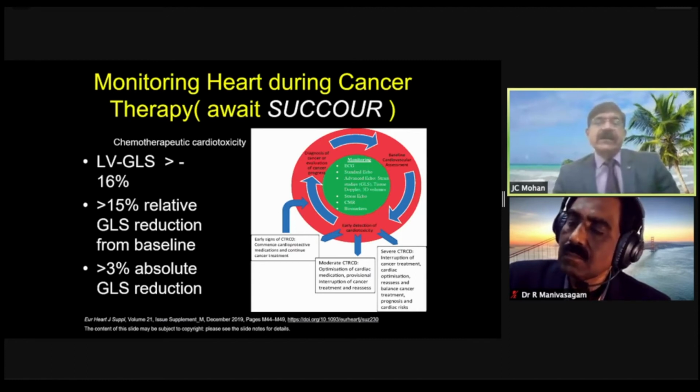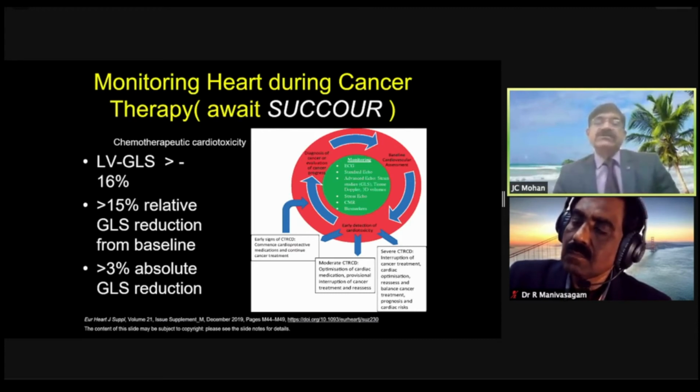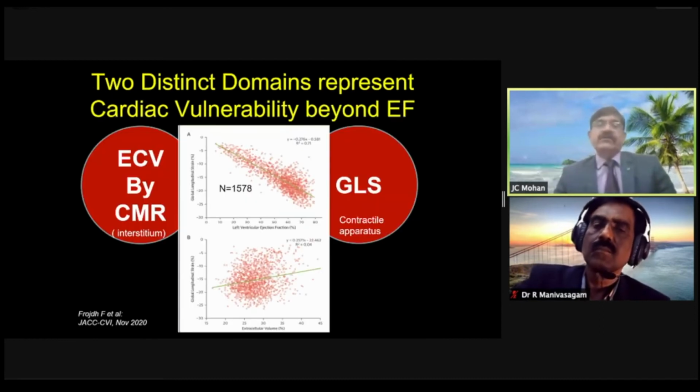However, here, a 15% relative decrease in GLS is much more reproducible, robust, and provides data that chemotherapy toxicity needs to be kept in mind. And a 3% absolute GLS reduction means you have to take action. If it's absolutely necessary, space it out, reduce the dose, and maybe you have to prevent it altogether.